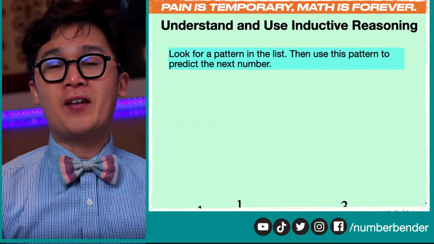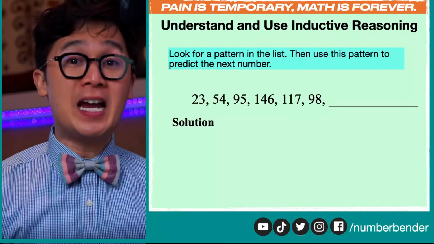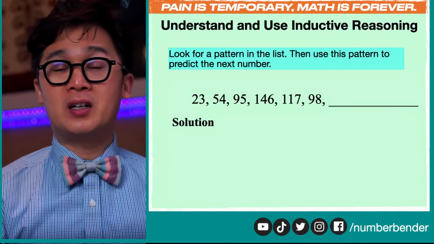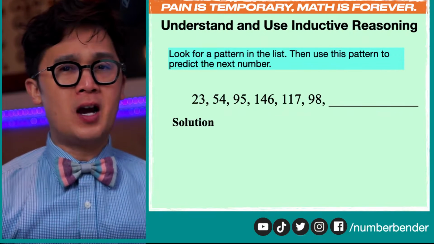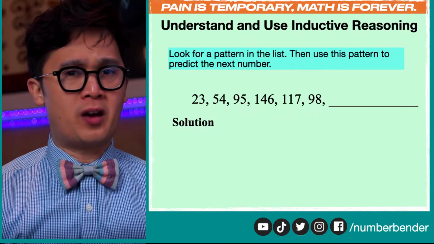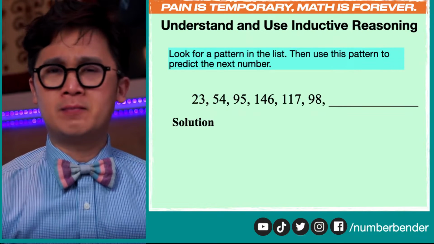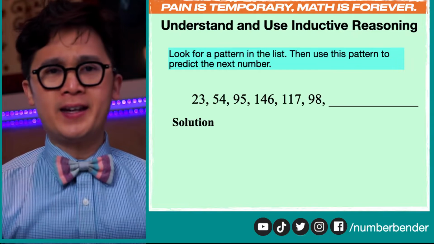So let's see if you can figure out your own conjecture to find the number after 98. We have 23, 54, 95, and then 146, 117, and then it went down to 98.